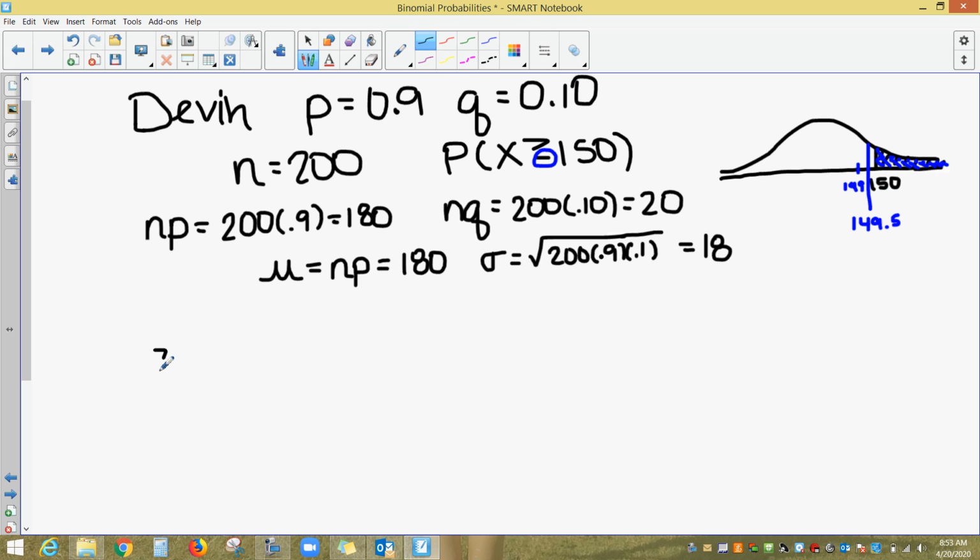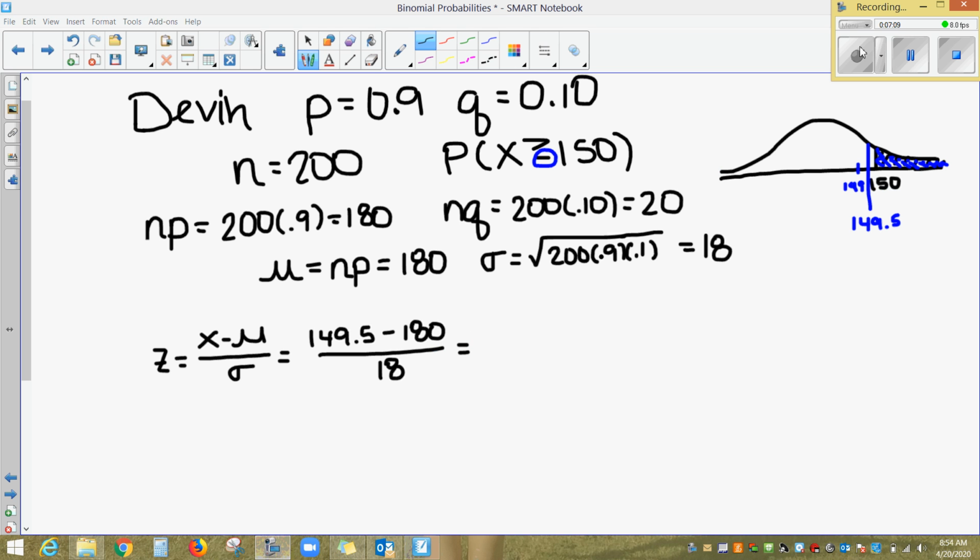So when we're finding our z-scores, x minus mu over sigma, we don't use the 150. Our continuity correction says we start at 149.5, minus mu over sigma, and when we type it into our calculator, we get negative 1.69.